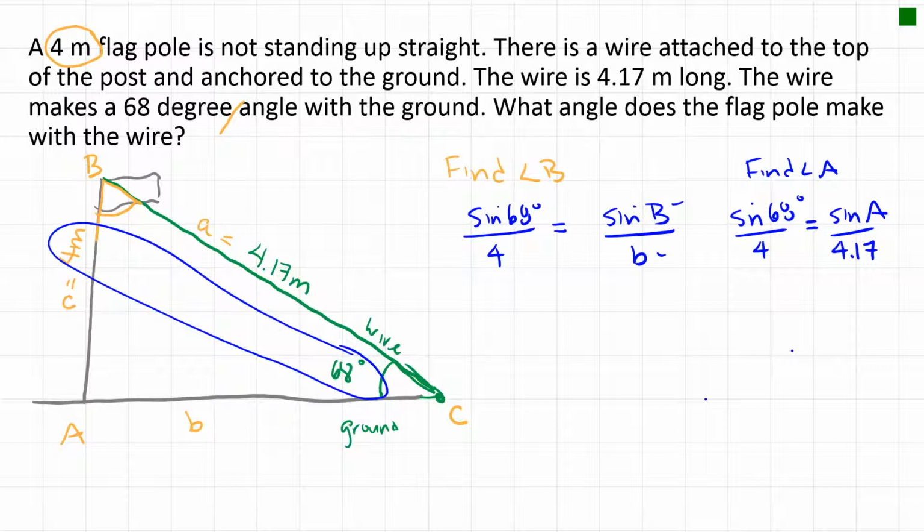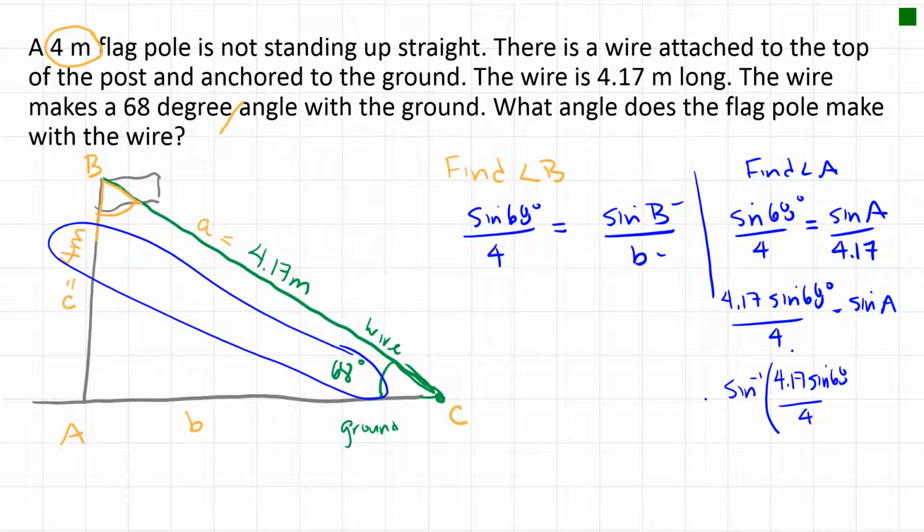So multiplying both sides by 4.17, I have 4.17 sine of 68 degrees over 4 equals the sine of A. And if I take the inverse sine of both sides, you're probably pretty good at that by now, I get angle A, which means angle A is 75.15 degrees.